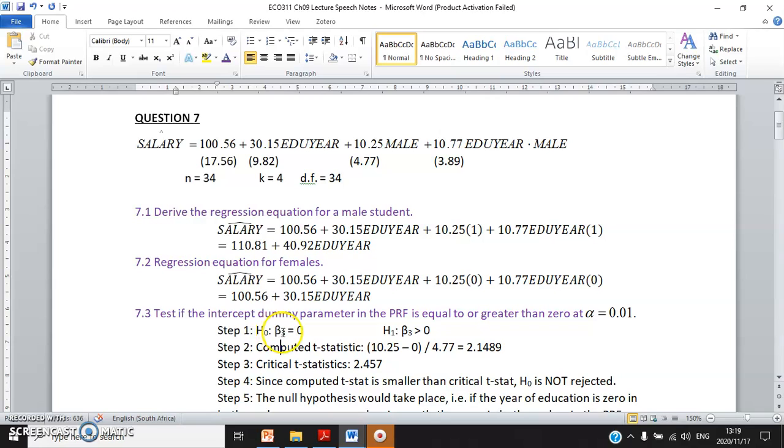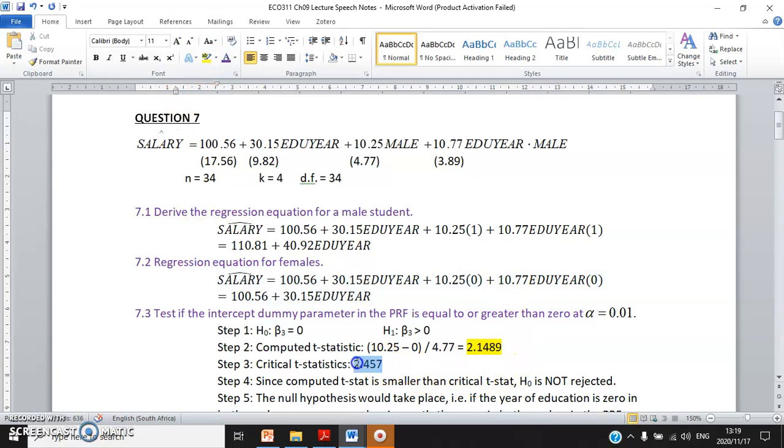Null hypothesis is B3 equals 0. Alternative hypothesis is B3 greater than 0. Compute t-stat. B3 hat 10.25 minus the hypothesized B3 value, which is 0, divided by standard error of B3 hat 4.77. Then this is your computed t-stat, 2.1489.